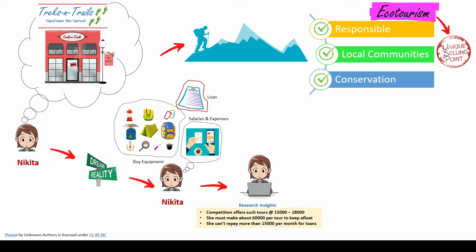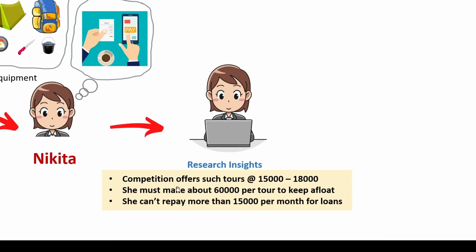After a little while, she has come up with some insights. She has found that the competition offers such tours for 15,000 to 18,000. She has also found that she must make about 60,000 per tour to keep the business afloat, given that she would have to pay salaries and installments on her loan.